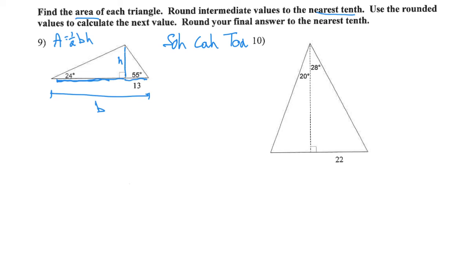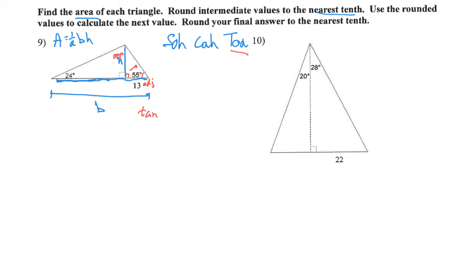All right, so the right angle is there, so the hypotenuse is across from it. I don't know the hypotenuse, but I know the 13 is the adjacent and the h is the opposite. And then I'm going to plug those in to which one? Looks like the tangent, because that's using the opposite and the adjacent.